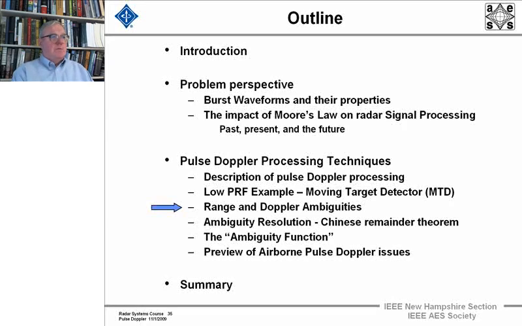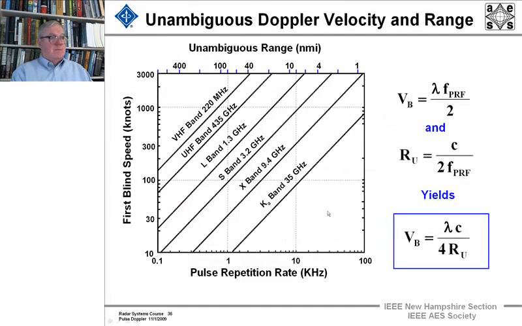Now we move on to pulse Doppler processing techniques, the section on range and Doppler ambiguities, and how we handle them. Here's the graph which shows you the line velocity versus the pulse repetition rate, or the unambiguous range of the radar.